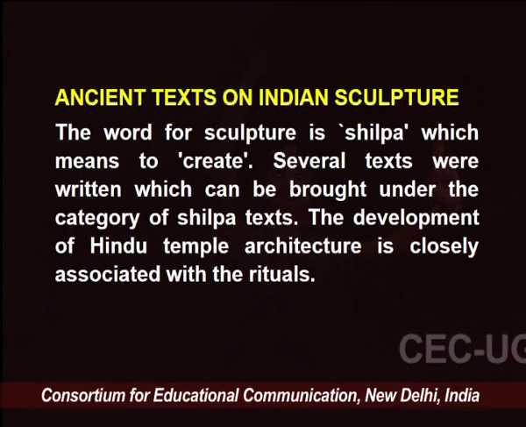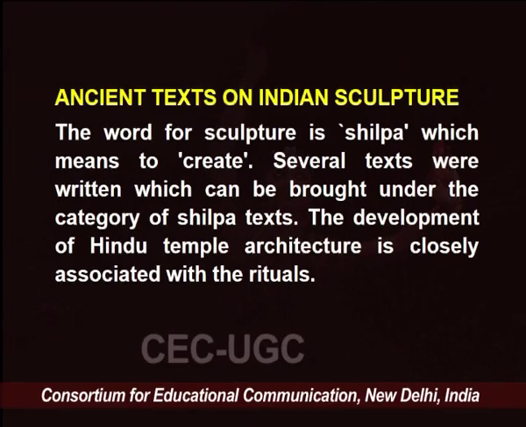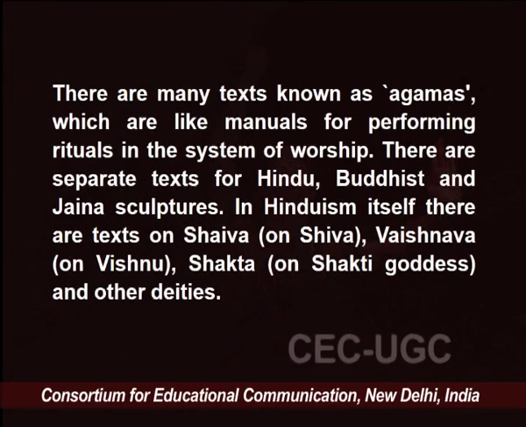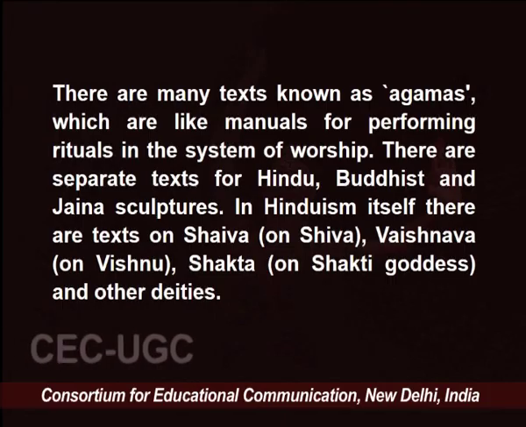The development of Hindu temple architecture is closely associated with the rituals. There are many texts known as agamas, which are like manuals of performing rituals in the system of worship. There are separate texts for Hindu, Buddhist and Jain sculptures.